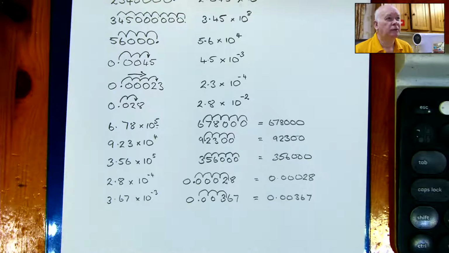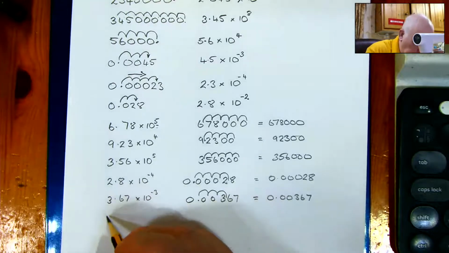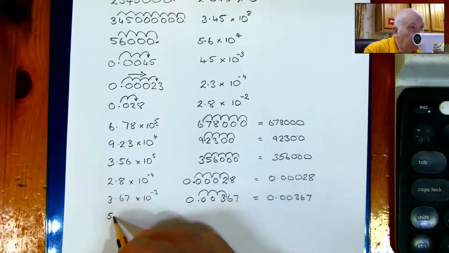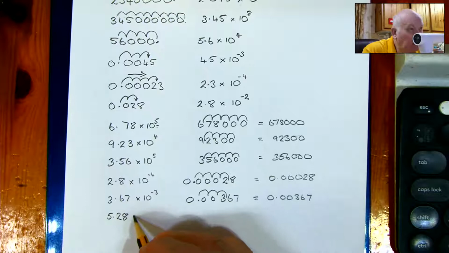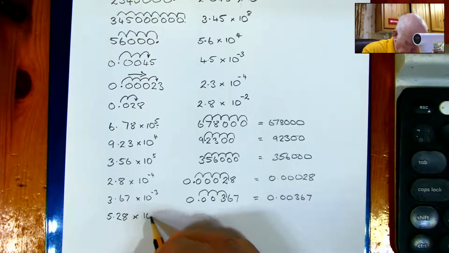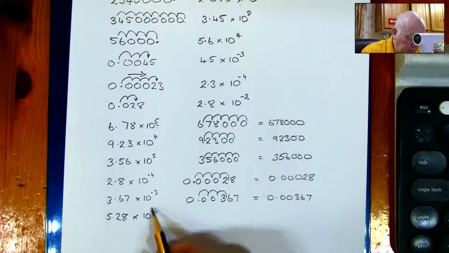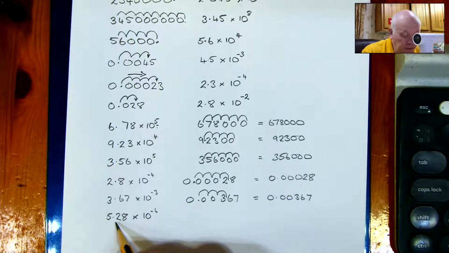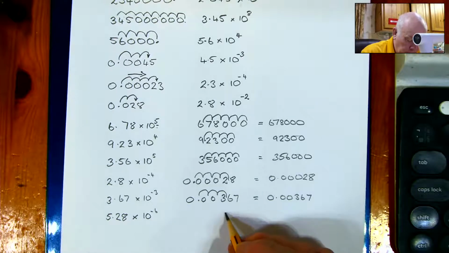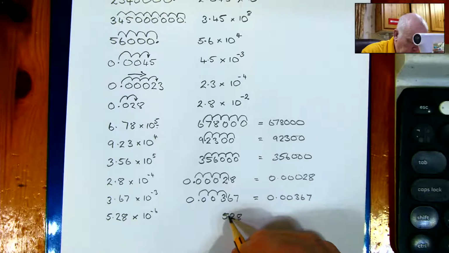Right. Should we try one more of those? So we'll go with a number like 5.28 times 10 to the minus 6. Quite a big lot of zeros we're going to have to play here. In fact, this is going to be a very small number. 528, and we go across.